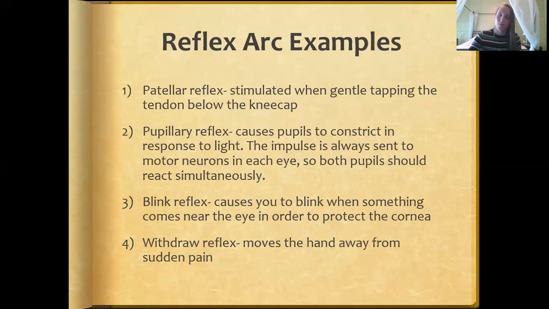But if it is a withdrawal reflex, if I'm touching something like a cactus and pulling away really quickly, that can happen much faster because it's going from sensory receptor, interneuron, skipping the brain, coming back to the motor neuron, and then the effector, the muscle that moves my arm. So that withdrawal reflex can happen faster. It's again so you don't damage your hands any more than you need to.